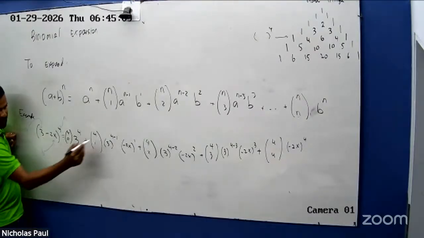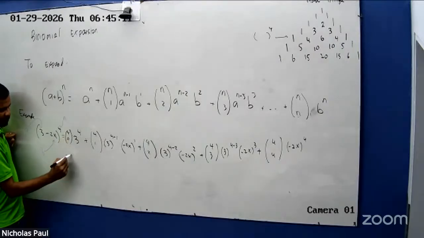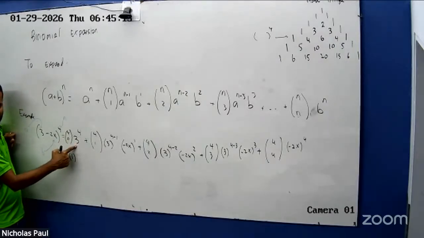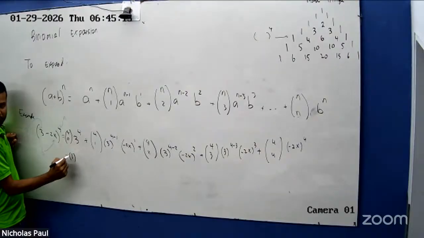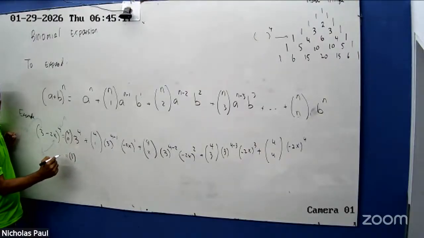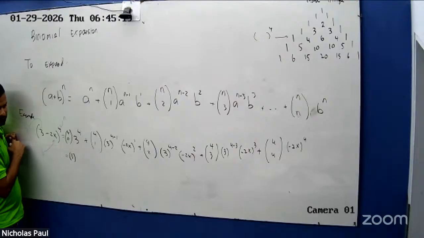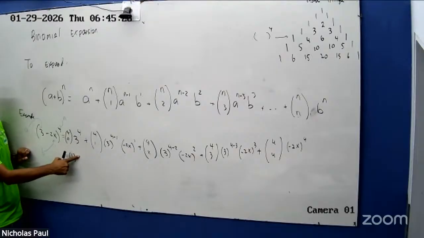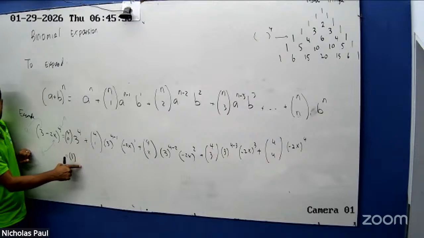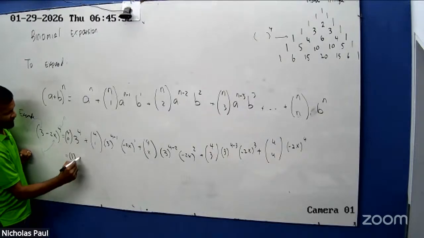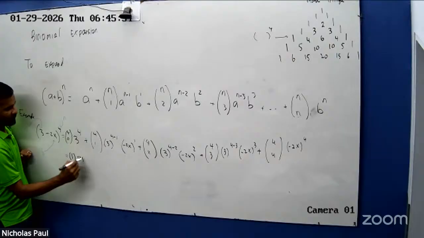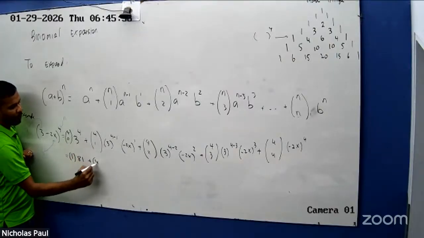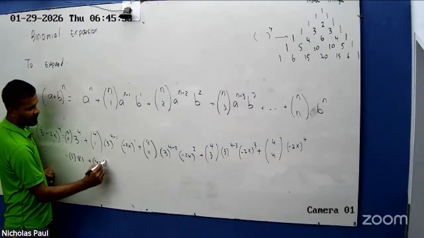So let's expand it out. 4C0 is 1. 3 to the power of 4 is how much again? 81. 4C1 is 4. 3 to the power 3 is 27.